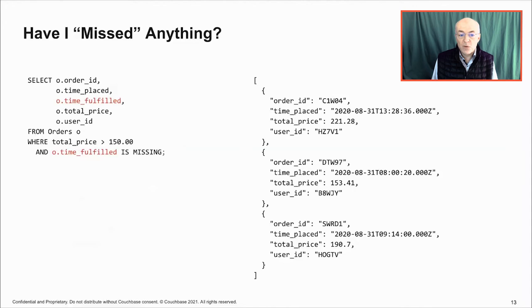The reason, of course, is that the time fulfilled field is missing, and we chose our query in a way that this is missing, so that all the records that we're getting don't have this time fulfilled field. And that is somewhat different from what you would usually expect in SQL. In SQL, if a value is not available, you would expect it to be null as an indicator, and that way you would keep the same width of the record.